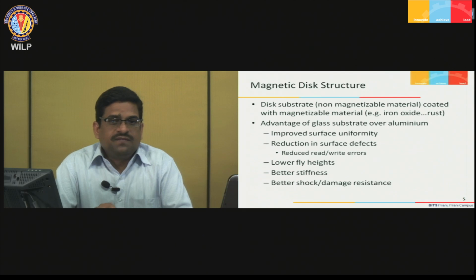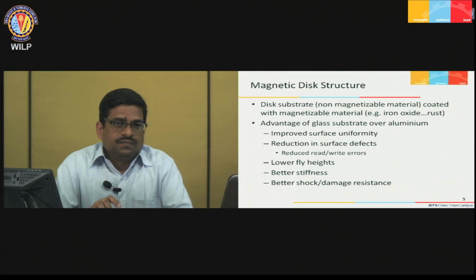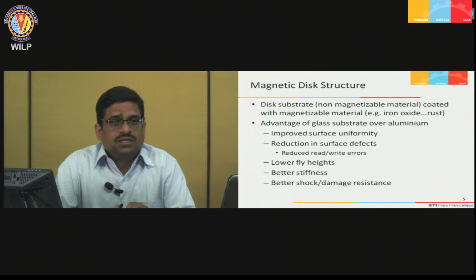At that speed, if your head touches the surface, it can damage the head. Even a fine particle, let us say a smoke particle or a fingerprint, coming in between the head and the recording surface can damage the surface as well as the head, or your disk can crash.